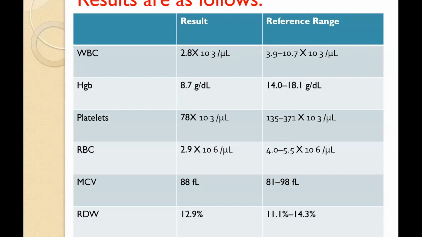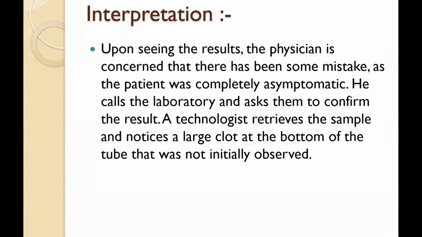Probably this is a case of pancytopenia, an incidental finding, and we have to go for bone marrow examination. But the clinician thought, when everything is normal and the patient is apparently normal, they consulted the laboratory. You just look at this again, and what happened? The technician noted a clot in the sample. Again, pre-examination error. So these pre-examination errors are very important and should be avoided.